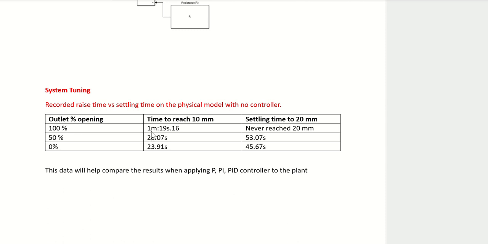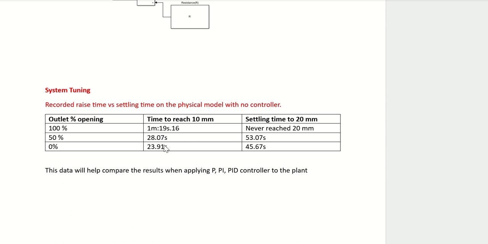So the time to reach 10 mm height took about 28 seconds, and the settling time took about 53 seconds. Just to check the flow, when the outlet is at 0%, fully closed, the time to reach 10 mm height took 23 seconds.